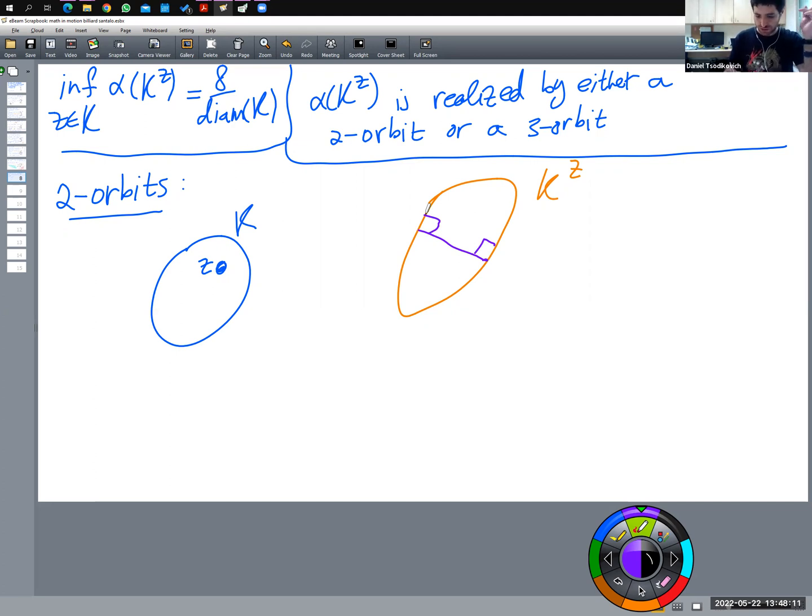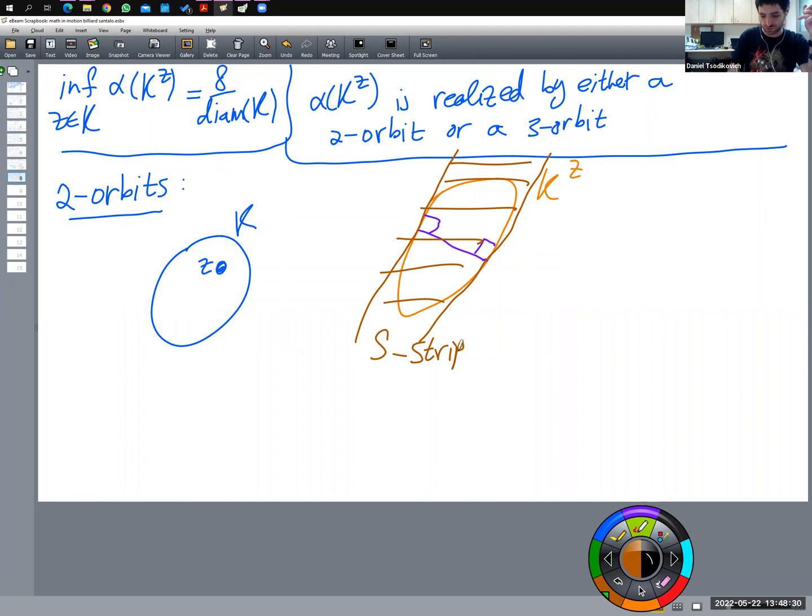So what this means is that we have an inclusion from K into a strip. So if we take these supporting lines, we have this strip which contains the dual. We have an inclusion: KZ is contained inside this strip.